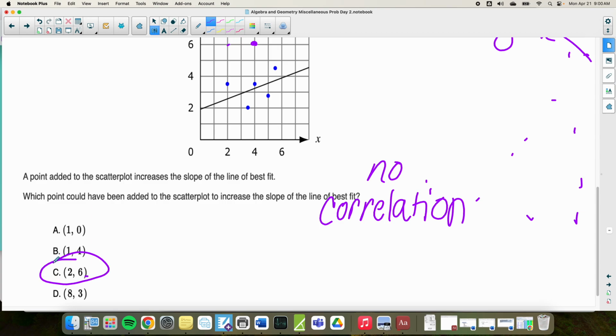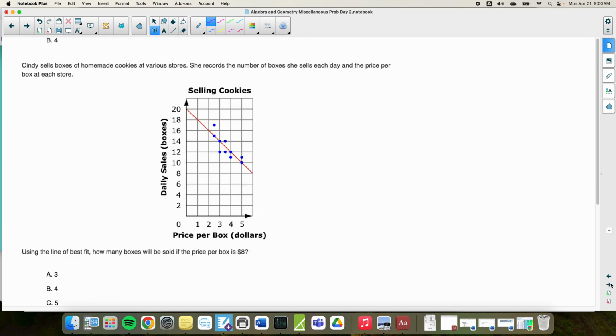Okay, everybody understand that? And then this last question, it says, Cindy sells boxes of homemade cookies at various stores. She records the number of boxes she sells each day and the price per box at each store.